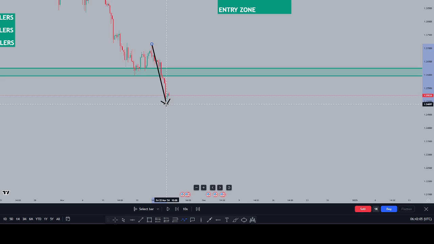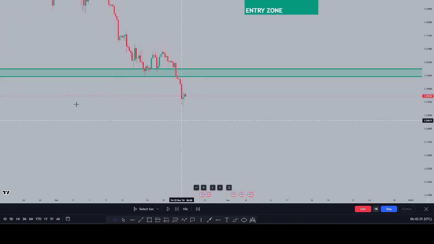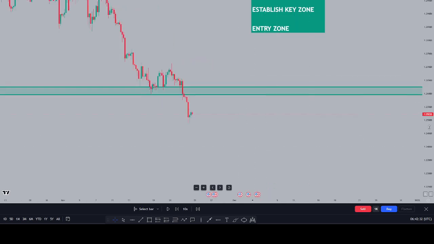Then price is about to give us a little bit of what? Micro or minor structure, lower high. So we might be expecting price to do something like this, or price to give us higher low, higher high, higher low, higher high, higher low. These are what? Minor structure. These are minor structure inside a major swing structure, right? Don't get it wrong.